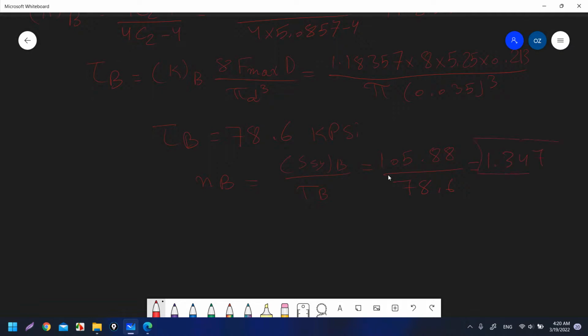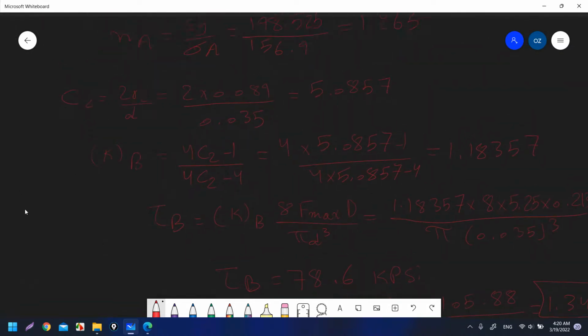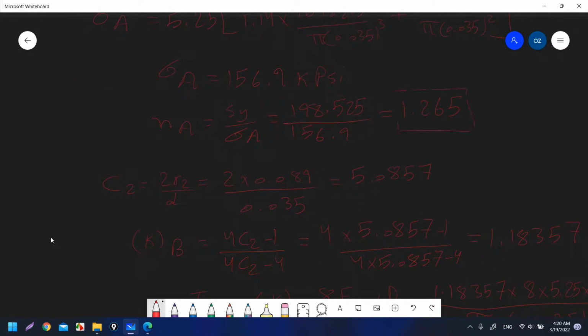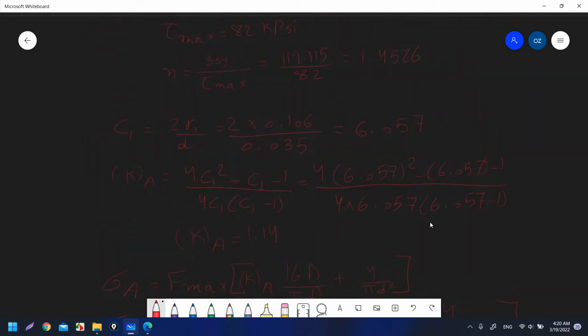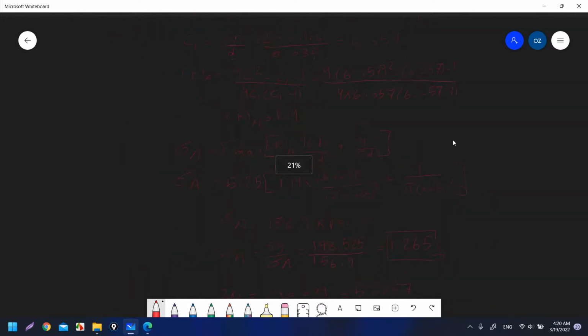So I have 1.347. I also have 1.265. This is less than NB. Okay, and I have 1.4526 for the coil. So the smallest value is 1.265. Okay, 1.265 is less than 1.347, and it is also less than 1.4526.